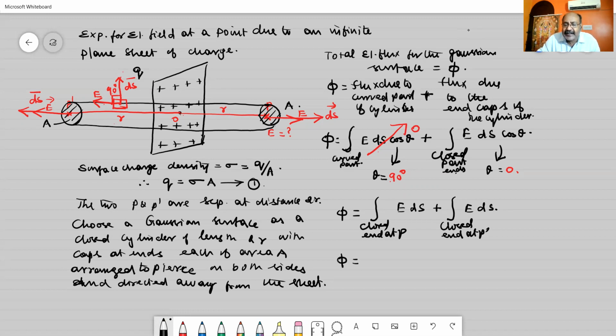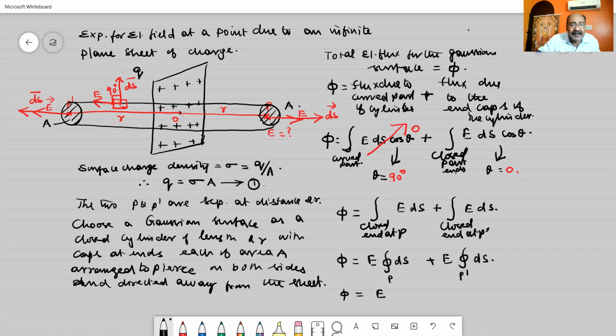So how to calculate this flux? When I am integrating this, the electrical field is considered to be the same. So I have to integrate only ds at the end P, similarly plus E into the integral at the point P dash for that small area. When you integrate, you get the total area.